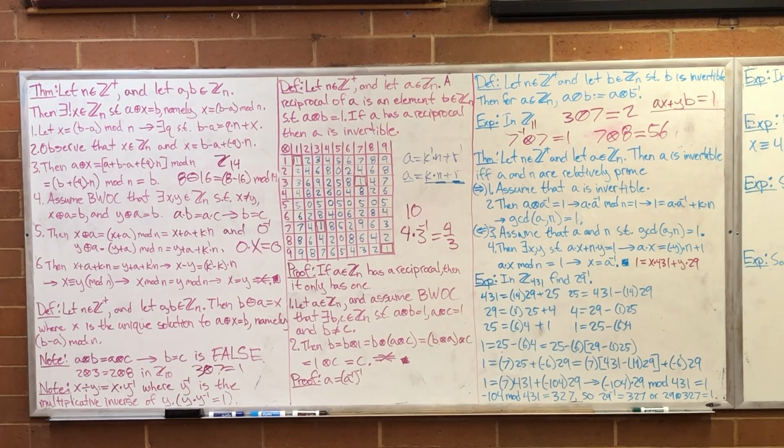So now that we have 29's multiplicative inverse, we can figure out something like 30 divided by 29. And what is 30 divided by 29? 30 times 327, using that circle times. And 30 times 327 is obviously a big number, not mod 431.